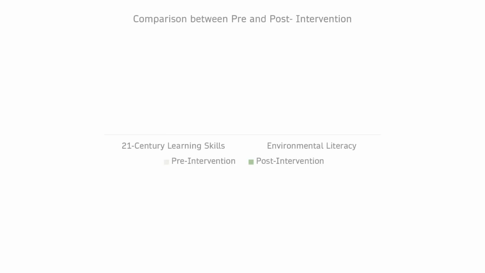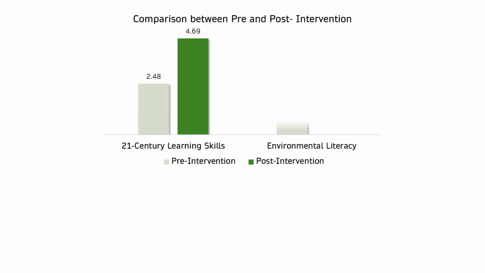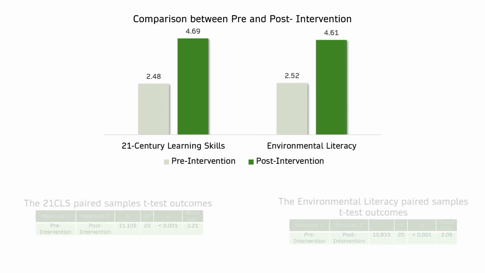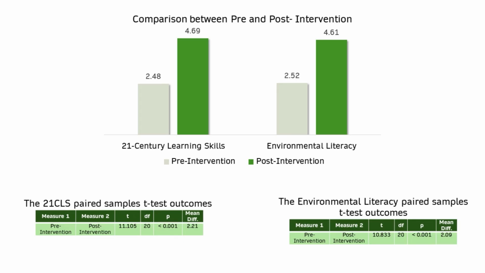From the incorporation of that module in our classroom, we find significant improvement in the students' environmental literacy and also their 21st century learning skills. When we assess in terms of their creativity, critical thinking, collaboration, and communication skills, all students show significant improvement in their skills.